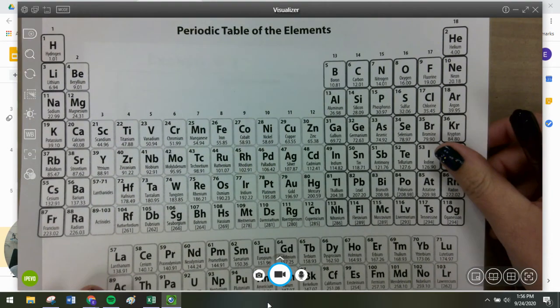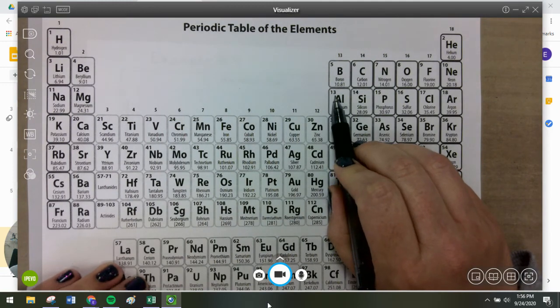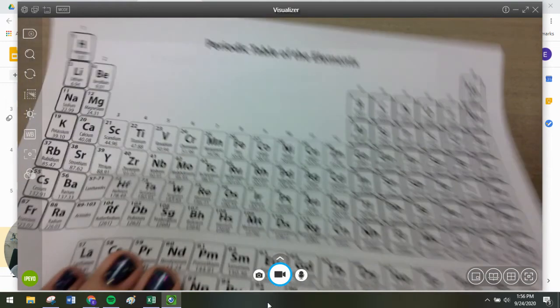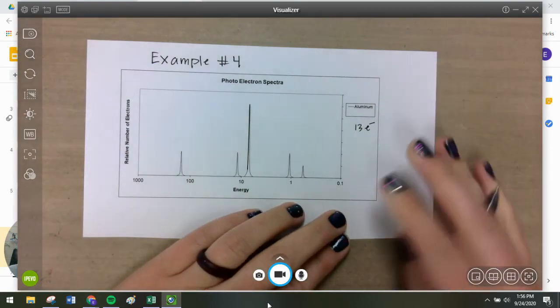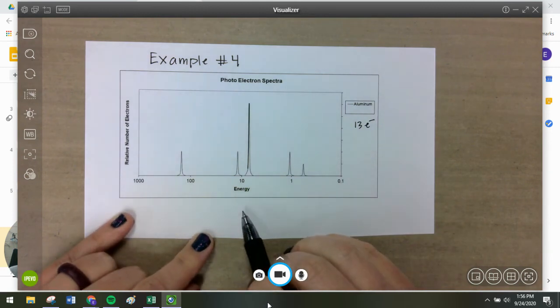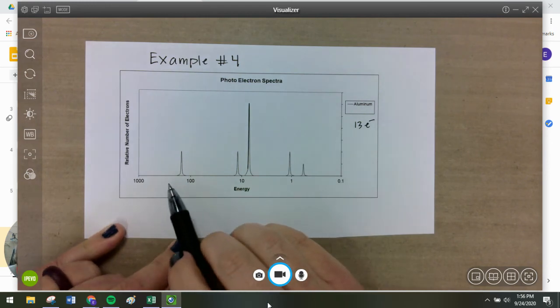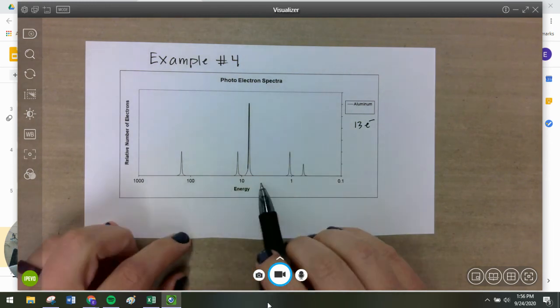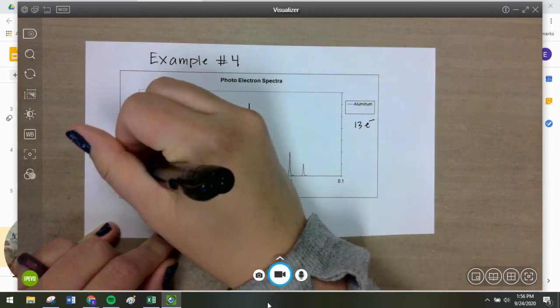All right, we will find aluminum. Aluminum has 13 electrons total. So we've got to kind of pay attention to our heights here. We also maybe are picking up on some patterns that you're seeing. So hopefully you're picking up that on these graphs, this is our closest to the nucleus.